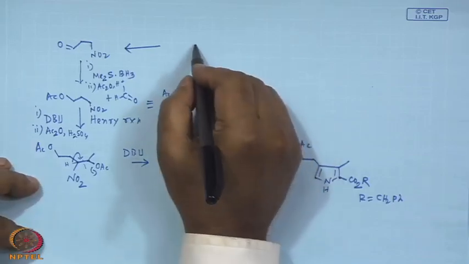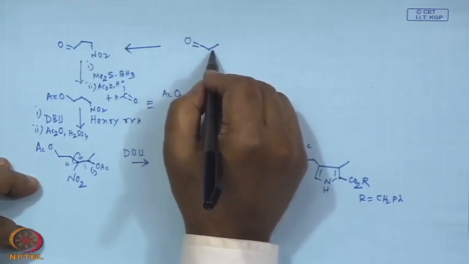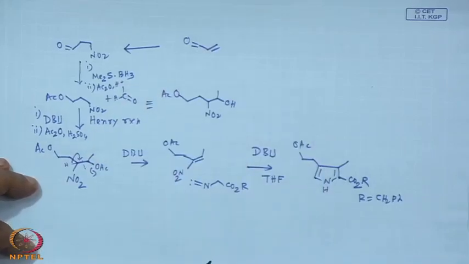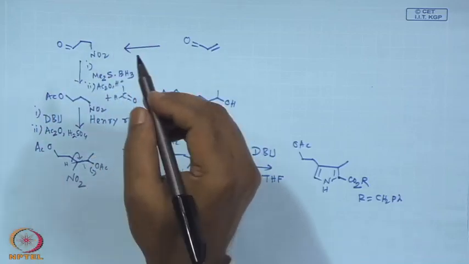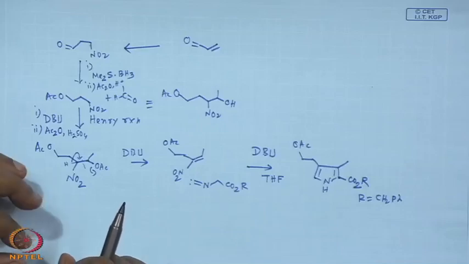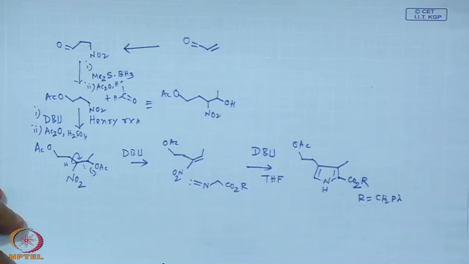Okay. Without wasting time, let us see. Yes, acrolein is readily available, commercially available, but what do you do? You have to choose the other starting material, the other reactant. So simple, right?